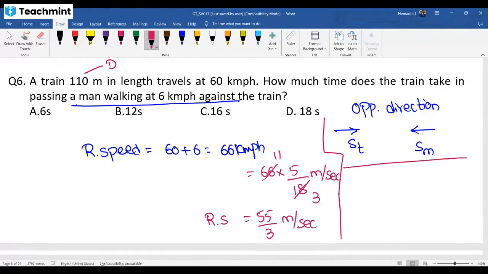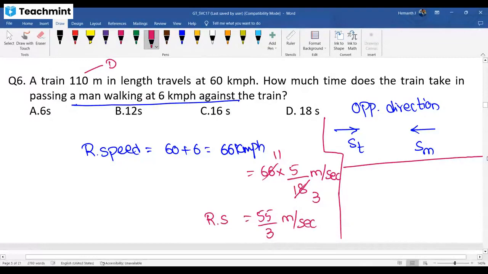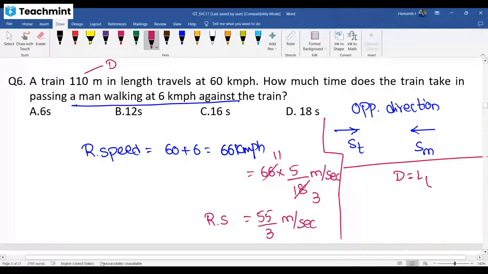Now time taken to cross the man. See, my dear friends, when train is crossing a pole or train is crossing a man, the man's length is negligible compared to train length. So distance is only length of the train, which is 110 meters. Now time is distance by speed. You have to cross the man exactly here.